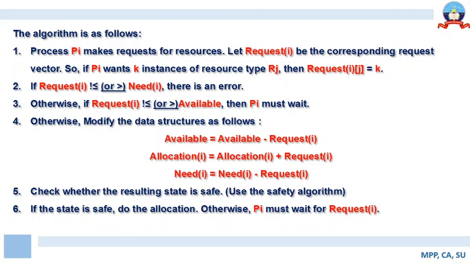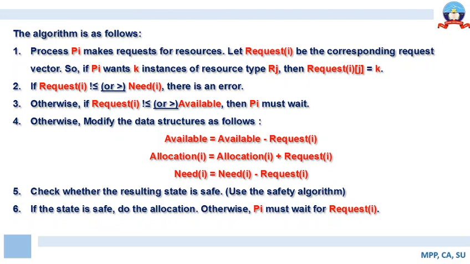And Need will be Need minus Request, because out of the total need, the process will now require the request amount less than what was actually needed. That is how the operation is performed: Available minus Request, Allocation plus Request, and Need minus Request.